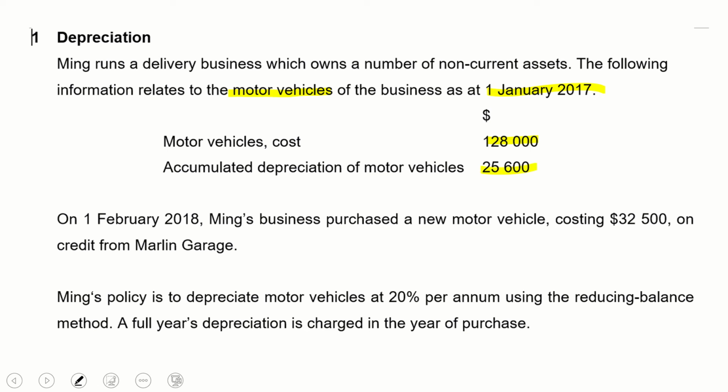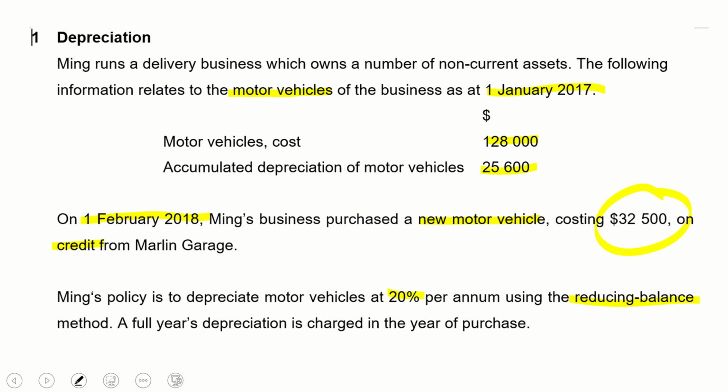They have also told you that on 1st of February, which is in the next financial year, Ming purchased a new motor vehicle of $32,500 on credit. The question also informs you that the depreciation policy is 20% using the reducing balance method.